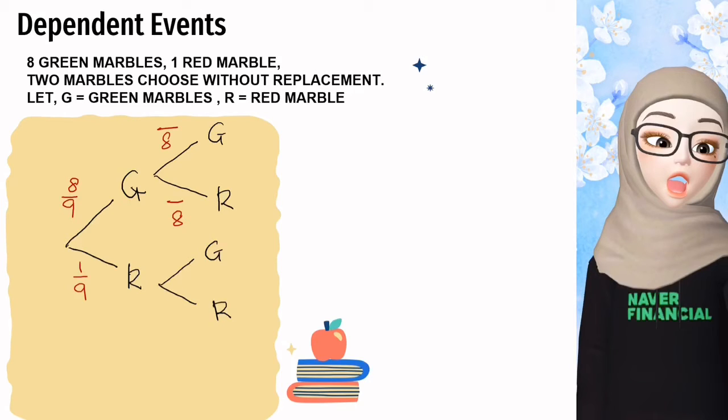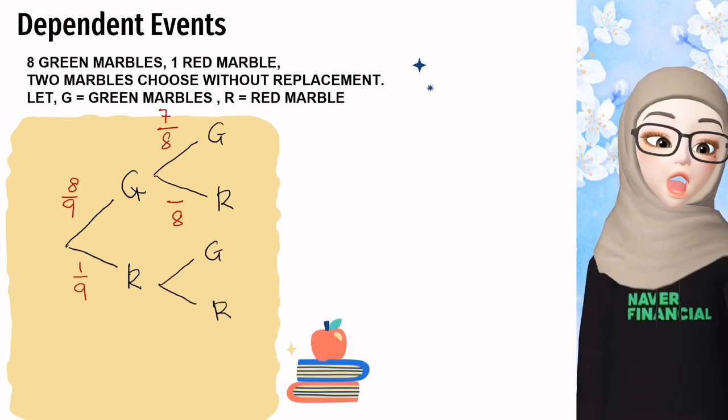When we look at the first try being green, the numerator must be less than before. So here is 8, and here it must be 7.